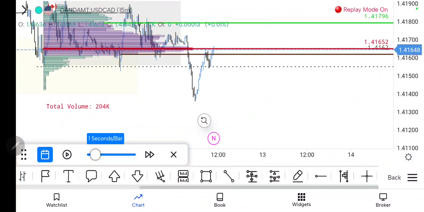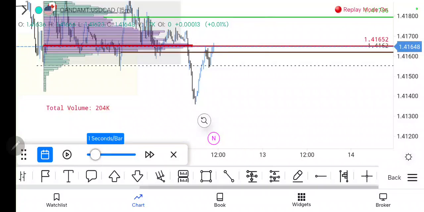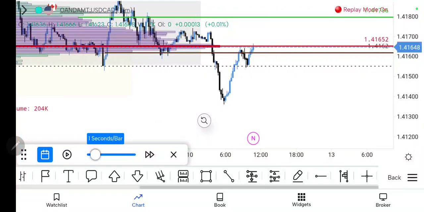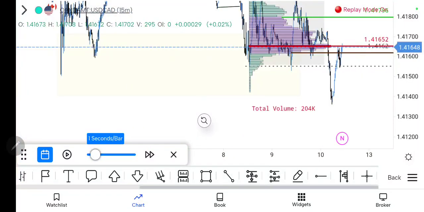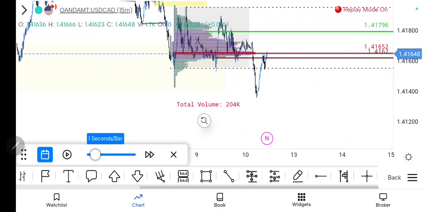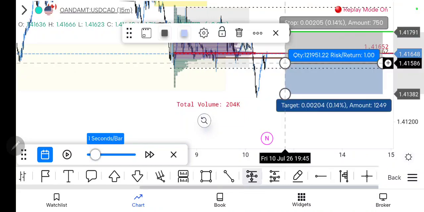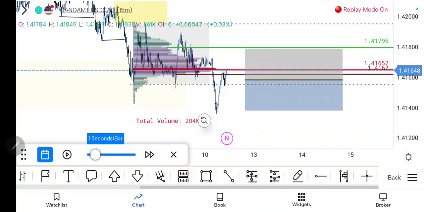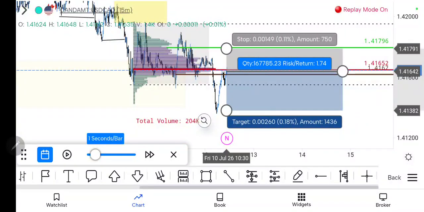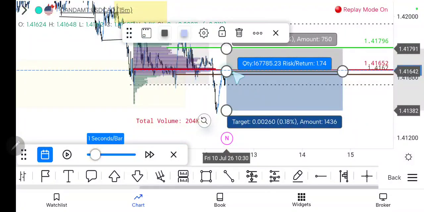Okay, so now we have price in our POC. Right now we are going to take a trade, or you can just set a sell limit order. So here, we shall take our sell trade from there.